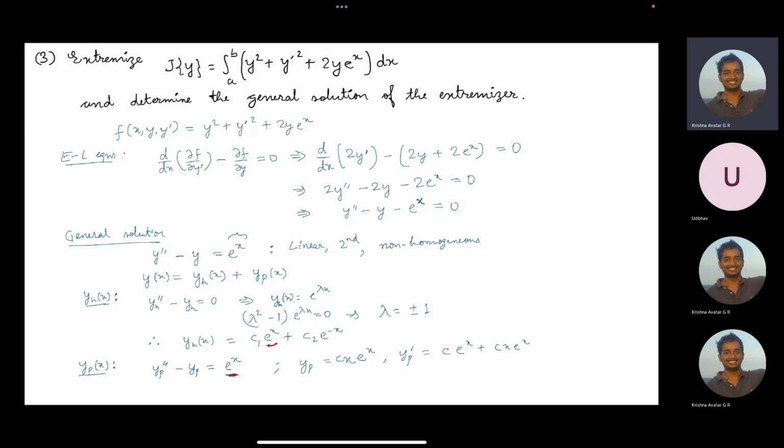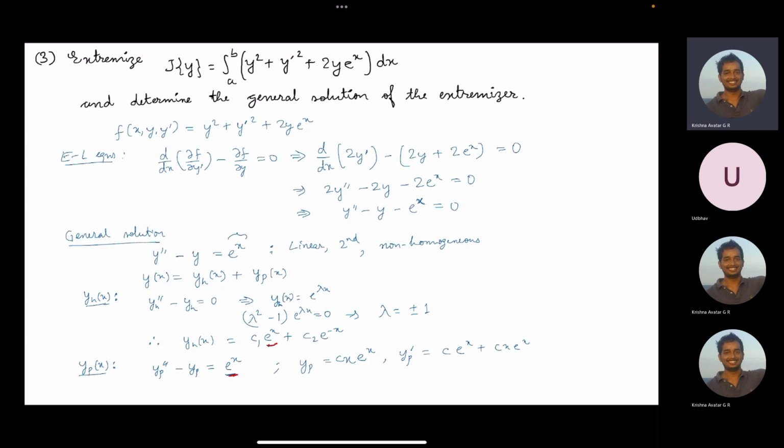So we cannot directly use a particular solution which contains only e to the power x. Rather, it must be a function which doesn't happen to be a constant multiple of e to the power x. So what we do is we take our particular solution to be of the form c x e to the power x.